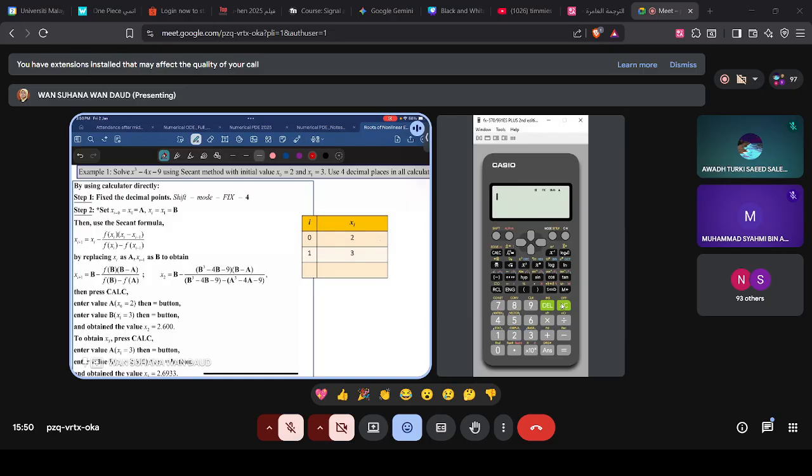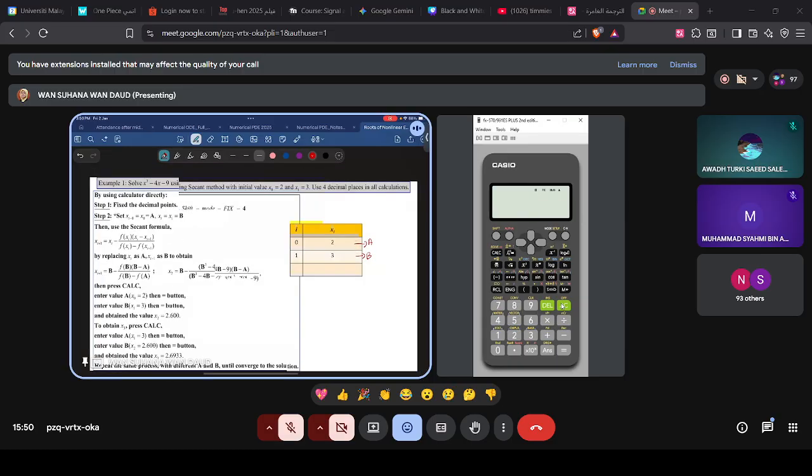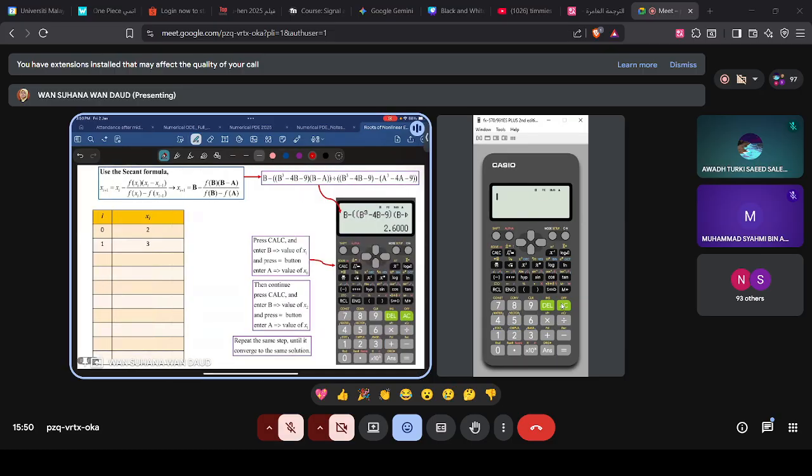First thing first, we set this to be A, this to be B. Okay, I use the next slide. So this will be A, this will be B. So we're going to use A and B in your calculator.